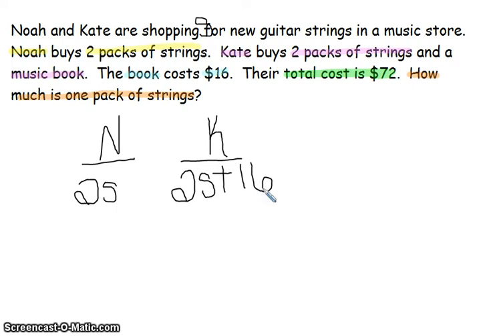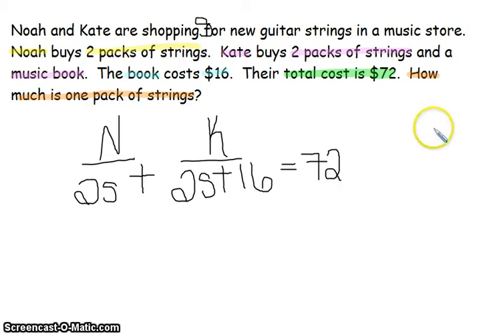And then the very next thing it tells us, because this word problem is designed pretty simply, is that their total cost is their total. When they went to the register and the cashier rang them up, they bought this together. So when you add these together, the total cost was $72. So you have your word problem in equation form.